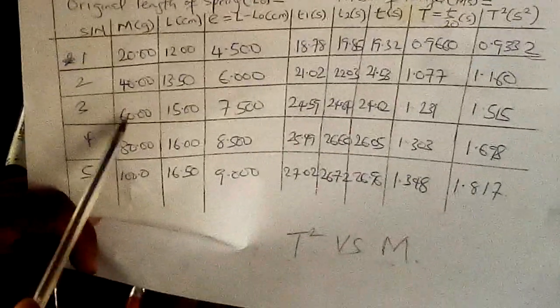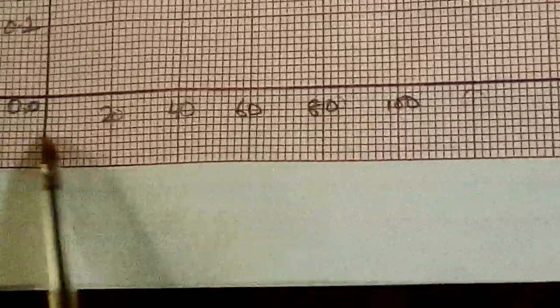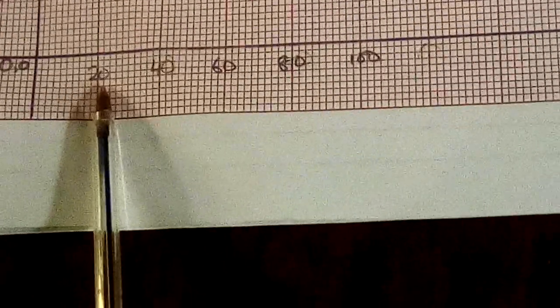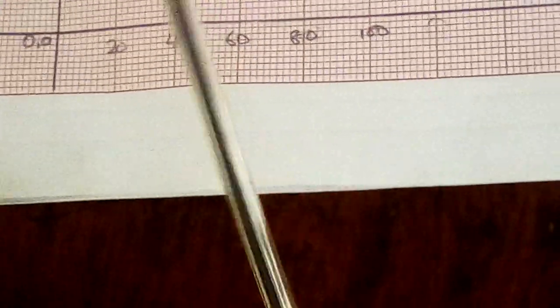The highest value is 1.817. Then the values of the masses we have are 20, 40, 60, 80, 100. This one is simple. We use 2 cm or 1 bus to 20 units on the mass axis. Then before you start plotting, you have to know what one line represents on each of the axes.